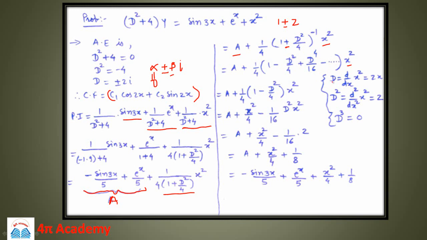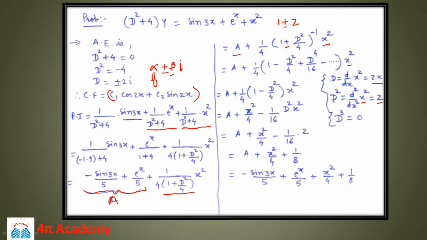Now here this d, we have already defined what this operator d is. This operator capital D is d/dx, and therefore when we operate this operator D on x square, the value of that will be equal to 2x. And if we again operate this operator, then it is called D square. So D square is d2 by dx square. So when d2 by dx square is operated on x square, it will be equal to only 2.